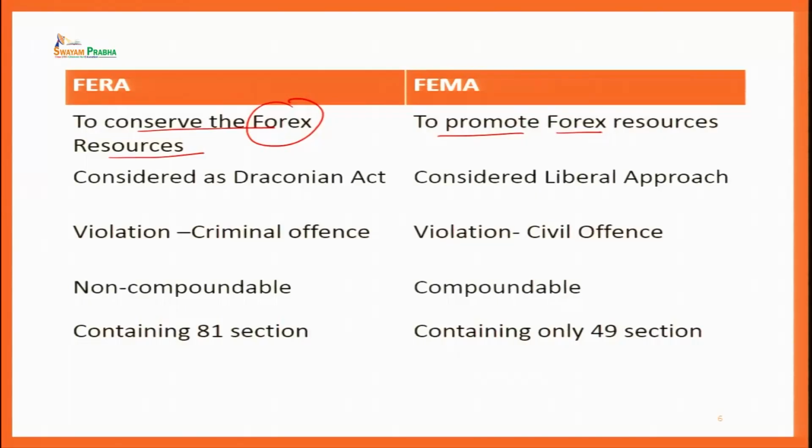In the case of FERA, they were strictly holding on to the foreign exchange. It is considered a draconian act, that means a very stringent, very harsh act, which doesn't allow foreign investors to invest easily.